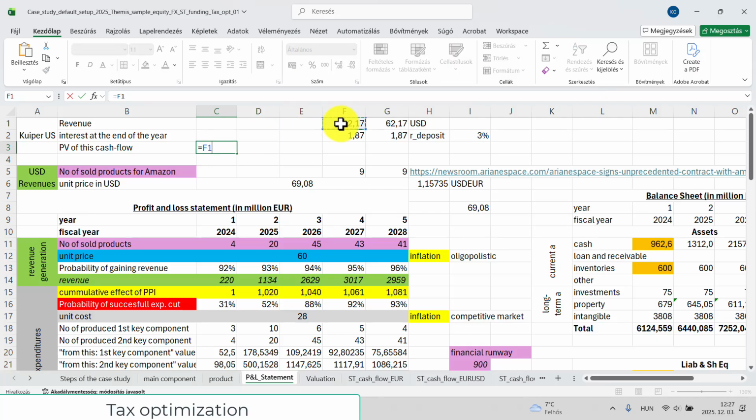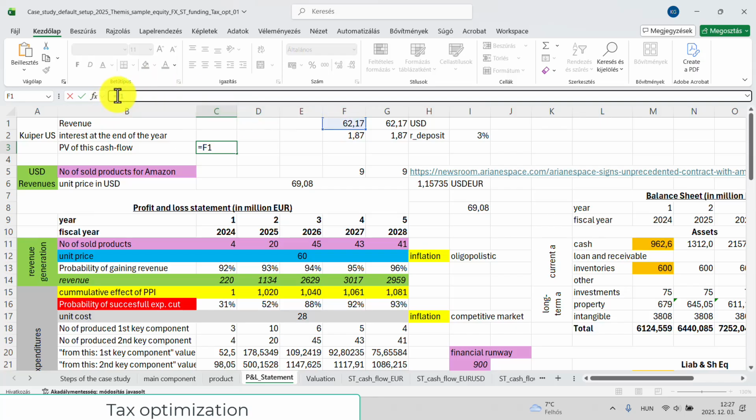So this number plus this number, because these are the revenues, divided by, so we need some kind of a discount rate. How can we do this?